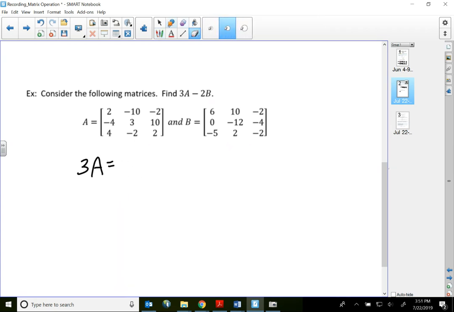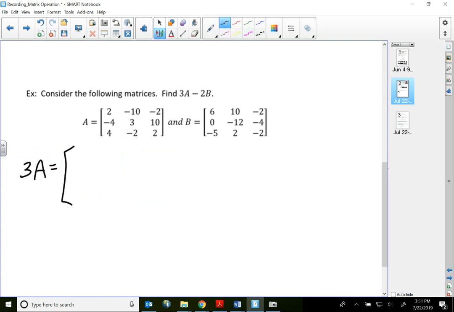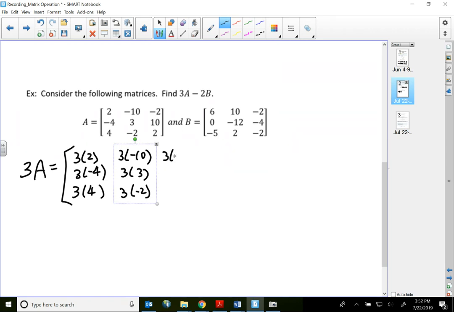Let me write a little bigger. This is 3 by 3. So that's 3 times 2, 3 times negative 4, 3 times 4, 3 times 3, 3 times negative 2, and then 3 times negative 2, 3 times 10, and 3 times 2.